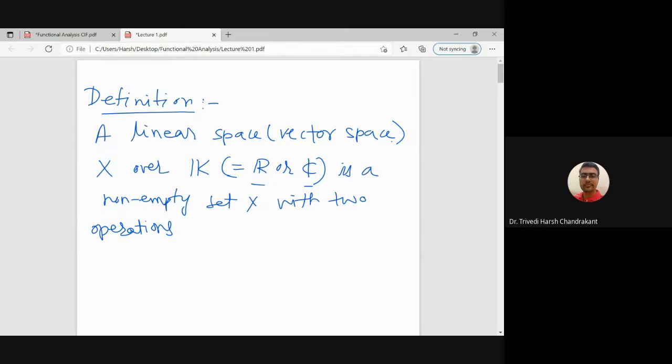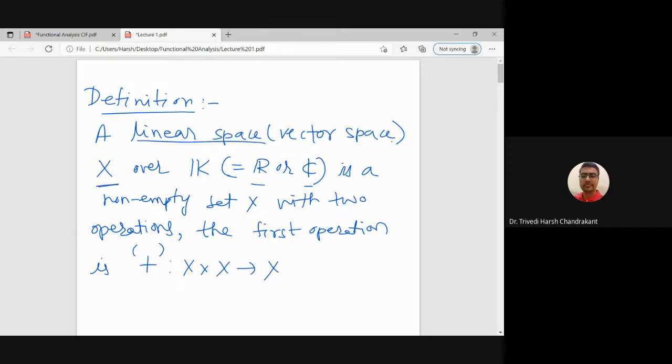So the first operation is plus. It is a binary operation. Binary operation means it is a map from X cross X. So X is this given set.